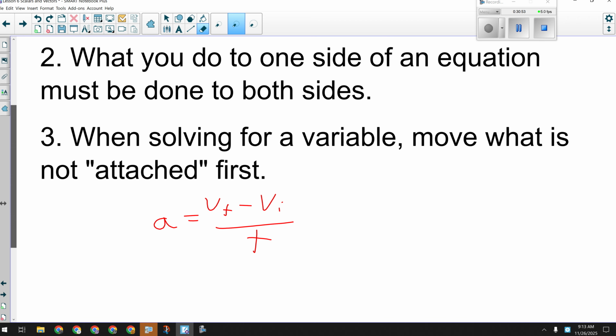What makes the most sense to move first? Third rule of algebra says move what's not attached first. What is attached to VF? VI. VI is attached to VF. So what do I need to move first? T. How do I move T?